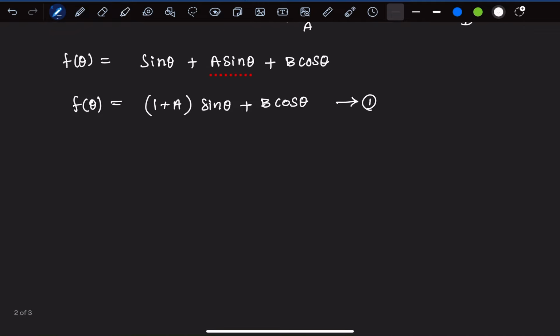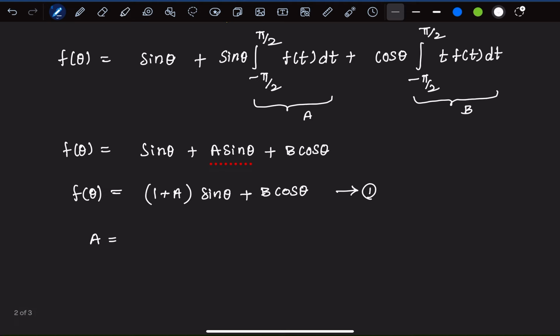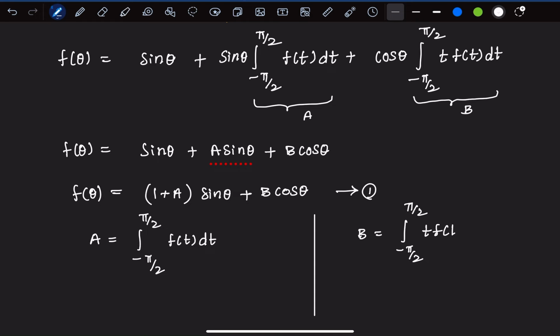We have another equation which is a equals integral minus pi by 2 to pi by 2 f of t dt, and we have one more equation which is b equals integral minus pi by 2 to pi by 2 t times f of t dt. But now we know what f of t is.